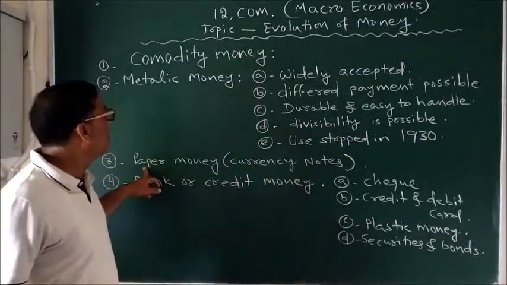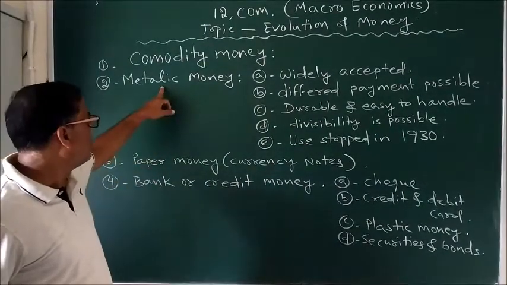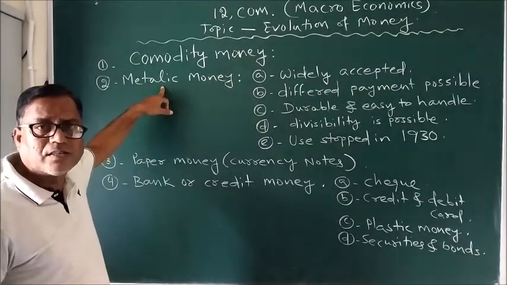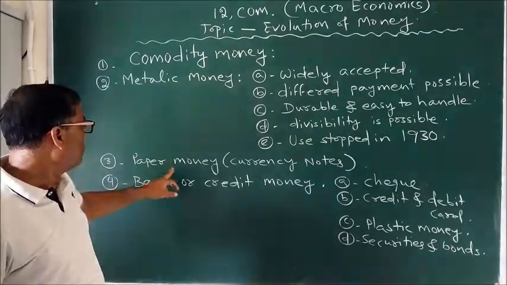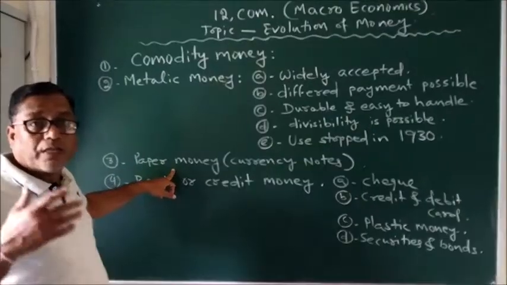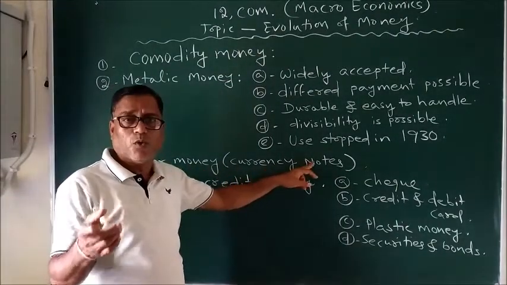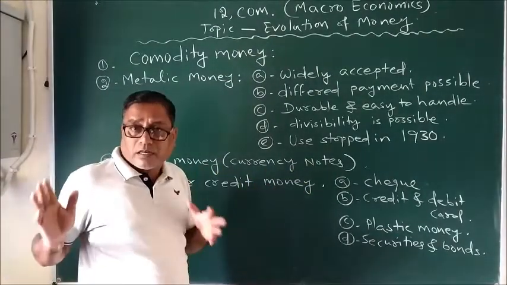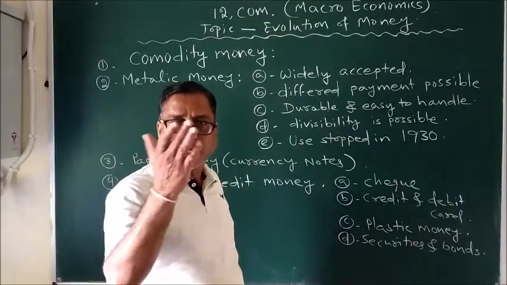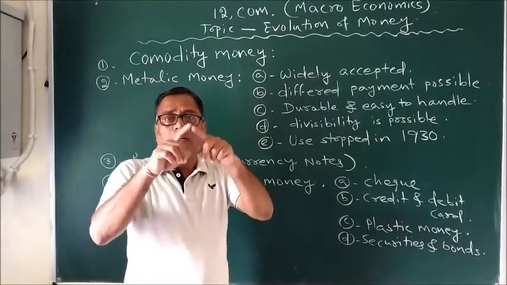So the third point regarding evolution of money is, after metallic money, when we still found some inconveniences in metallic money, we started our quest, we started our research, and we invented paper money, that is currency notes, which are prevailing nowadays, starting from 2000 denominations and going down to 1 rupee.